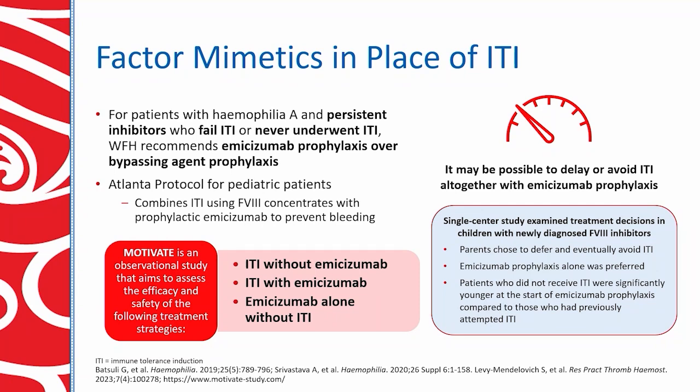And I think we will discuss this in more detail. There are some protocols for pediatric patients guiding how to combine ITI and factor VIII concentrates, especially where emicizumab is used as prophylaxis to prevent bleeding while ITI is performed.